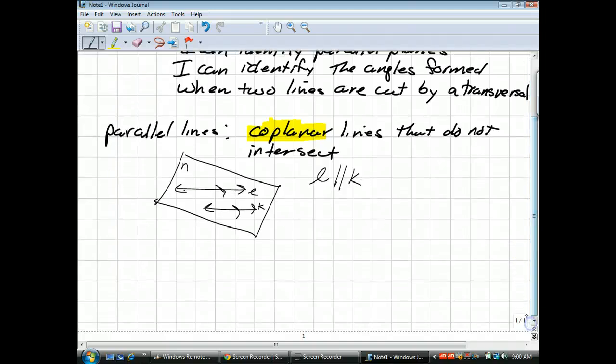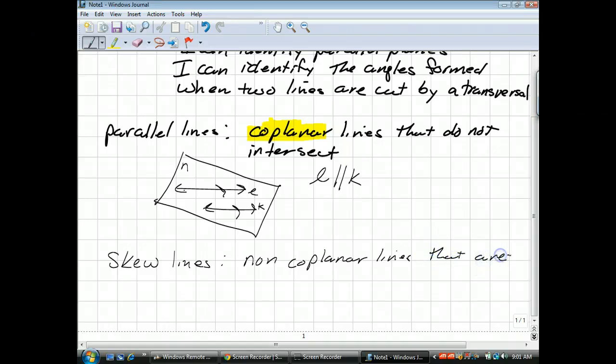Then we have what are called skew lines. Skew lines are non-coplanar lines that are neither parallel nor intersecting.